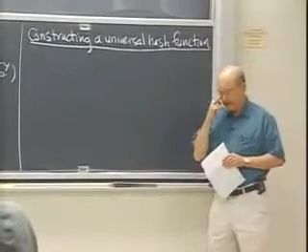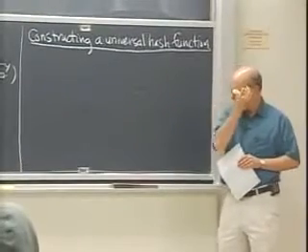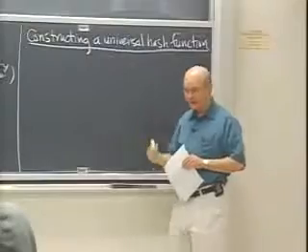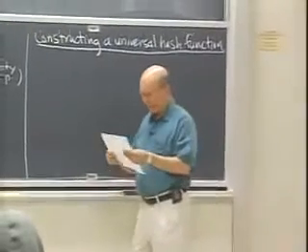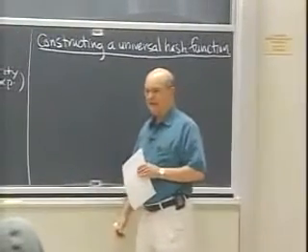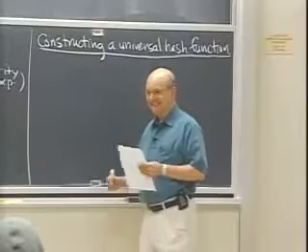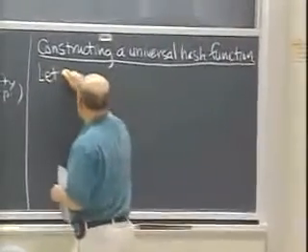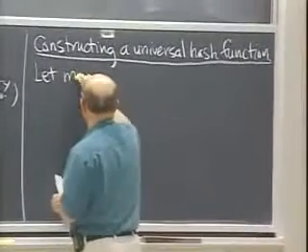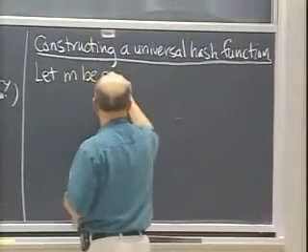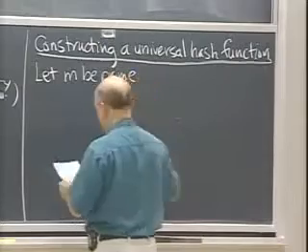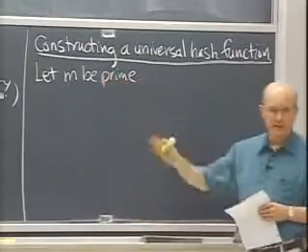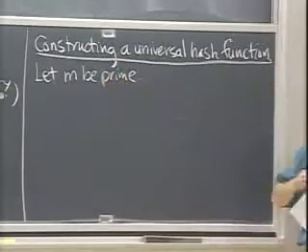And there are other constructions in the literature, and I think there's one on the practice quiz. So let's see. This one works when m is prime. It works when the set of slots is a prime number.